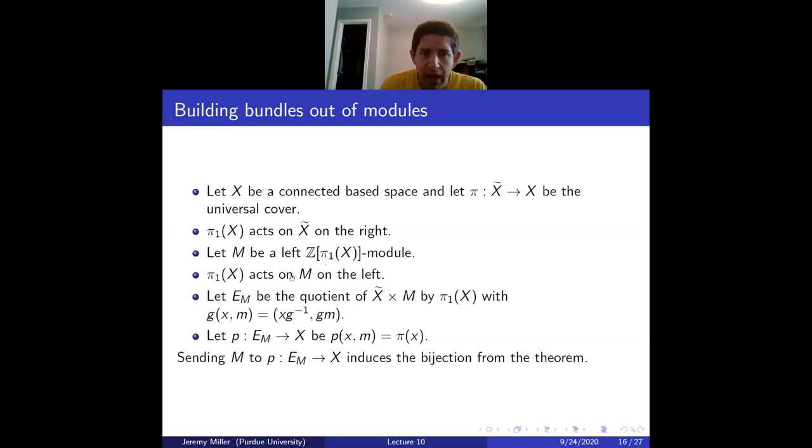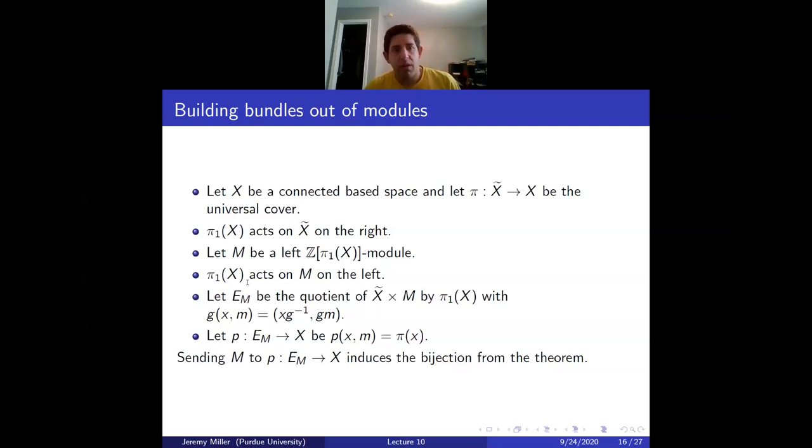So pi1 of X acts on M on the left. We have this left Z of pi1 of X module, and pi1 of X is a subset of the ring, and the ring acts on the module, so the subset acts on the module. You might say it needs to act as a group. Well, the way multiplication in the group ring works is exactly like multiplication in the group.